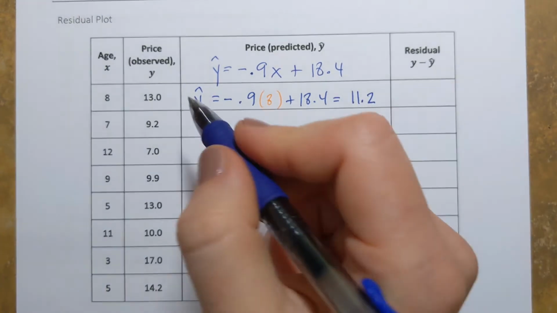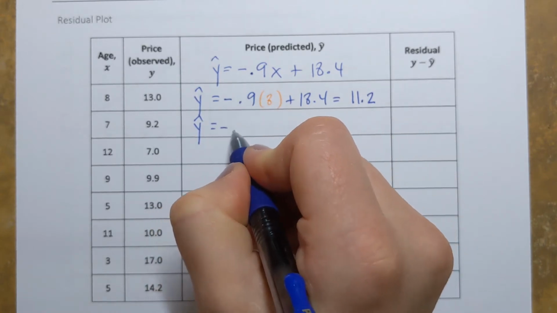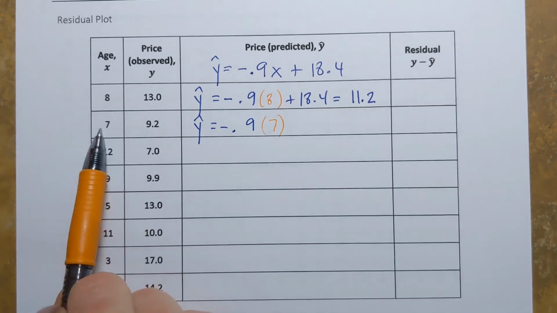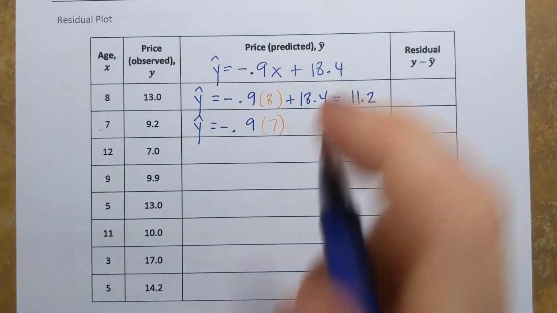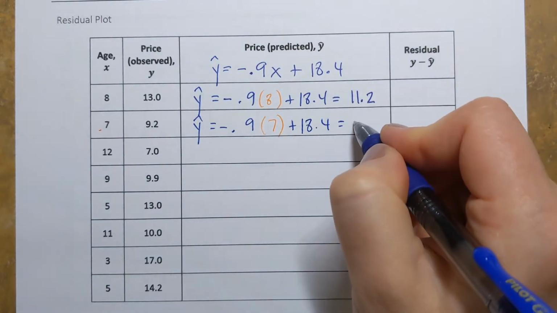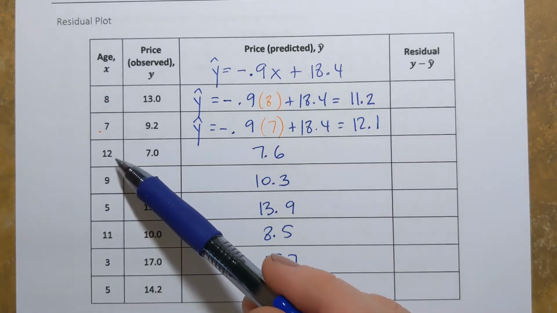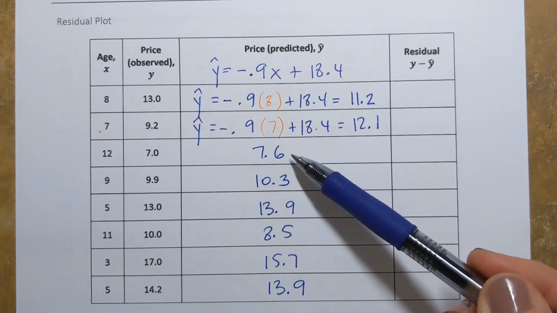Now I'm going to continue in that manner. I'll do one more line like that, and the rest I'll just compute on the calculator without writing them out. So that's going to be negative 0.9 times 7, the next value of the explanatory variable, plus 18.4. That's 12.1.